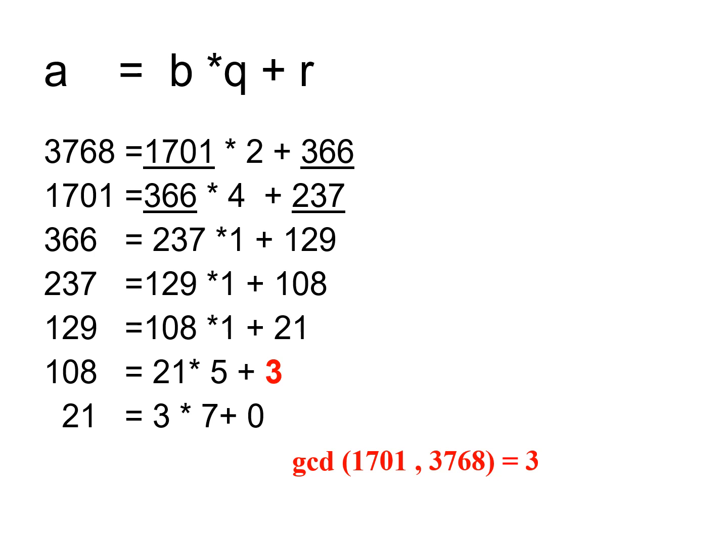Now we have to divide 1701 by 366. Then the quotient will be 4 and the remainder will be 237. In the next step, b will go to the left hand side and r will go to the position of b. Then when you divide 366 by 237, you will get 1 as quotient and 129 as remainder.